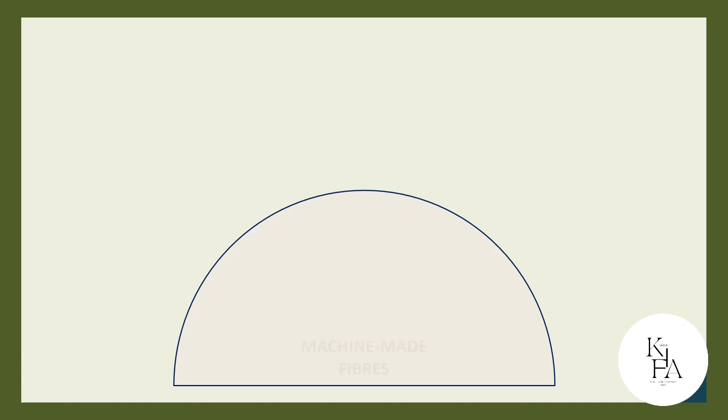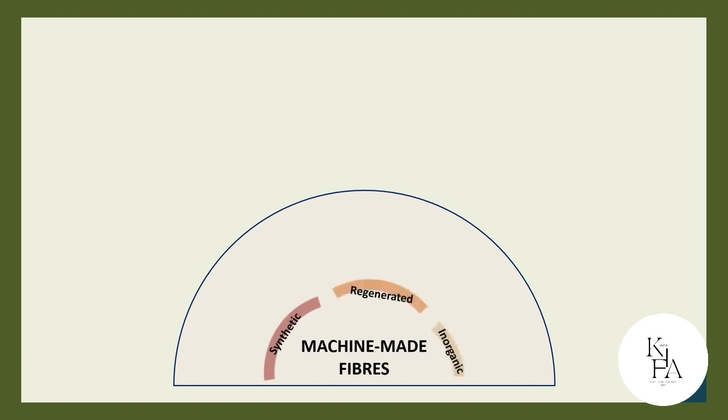Machine-made fibers are divided into three: synthetic fibers, regenerated fibers and inorganic fibers. Since World War II, there has been a thrust to produce synthetic materials mostly derived from petrochemicals. The textile industry also saw a rise of synthetic fibers during the same time.